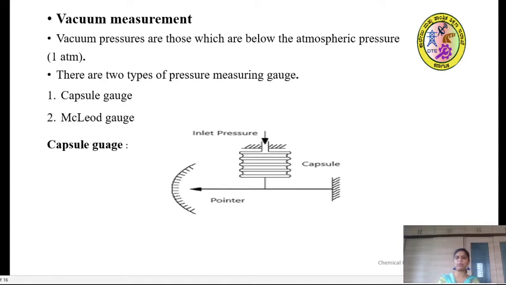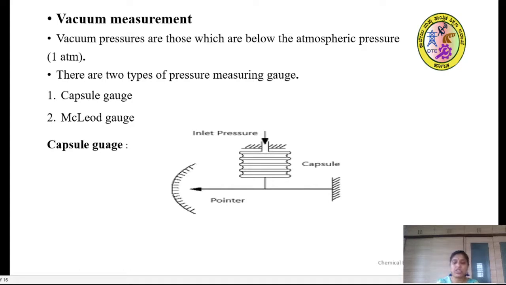So what is vacuum, by the way? Vacuum means there is no air. How do you define vacuum pressures, in physics or technically? They are those pressures which are below the atmospheric pressure. What is the atmospheric pressure? It is 1 atmosphere. So the conversion of 1 pascal is equal to how many newton per meter square, or 1 mmHg is equal to 1 torr is equal to how many what exactly.